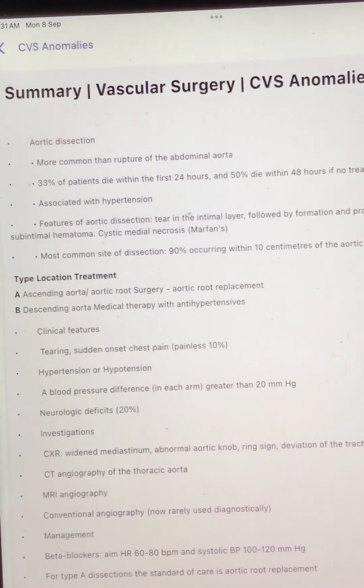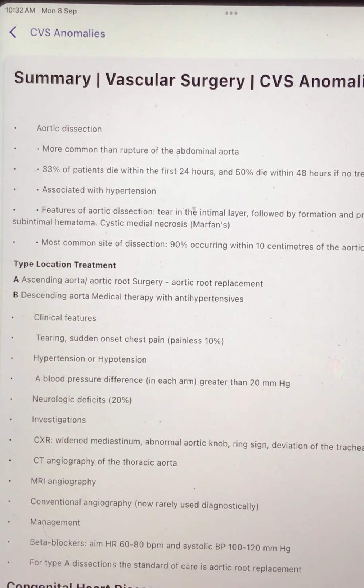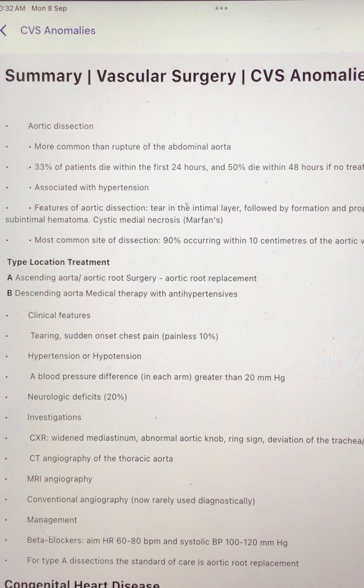Next topic is the CVS anomalies. Aortic dissection is more common than rupture; 33% die within the first hours, 50% die in 48 hours, and it is associated with hypertension. Features of aortic dissection: a tear in the intimal layer followed by formation and propagation of a subintimal cystic medial necrosis.